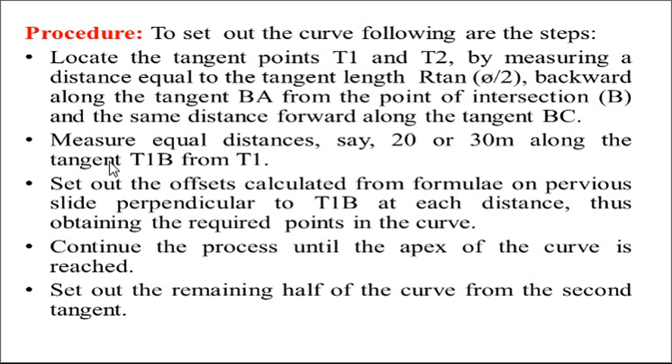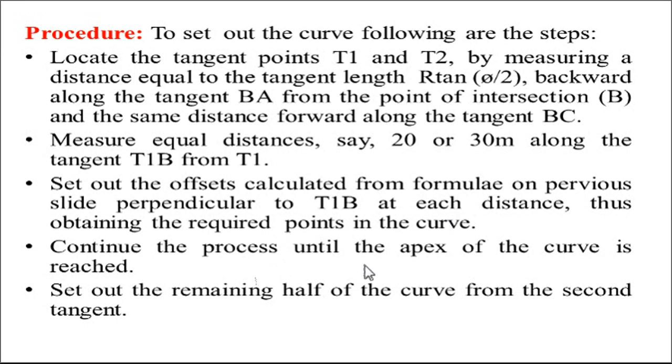Next, measure equal distances, say 20 meters or 30 meters, along T1B from point T1. Next step, set out the offsets calculated from the formulae on the previous slide perpendicular to T1B at each distance, thus obtaining the required points on the curve.